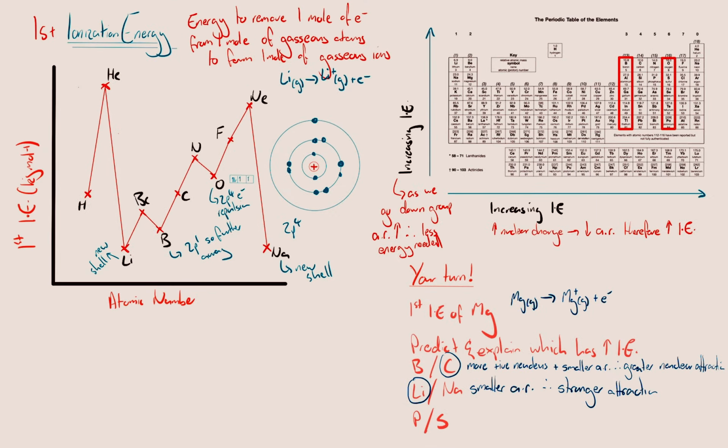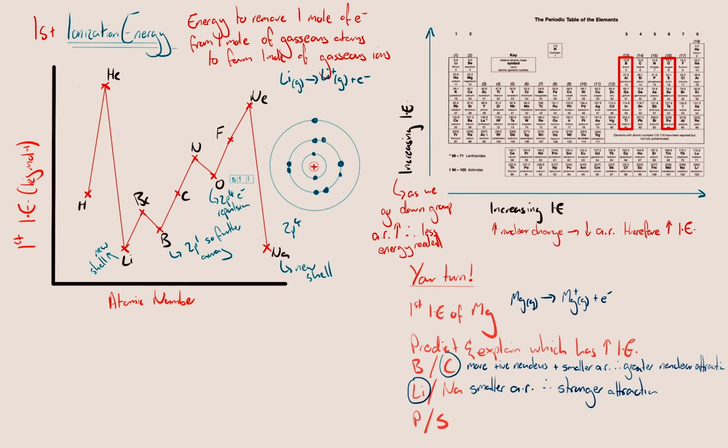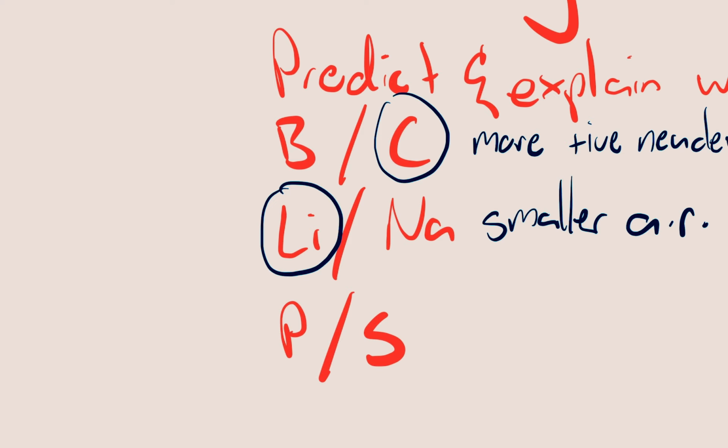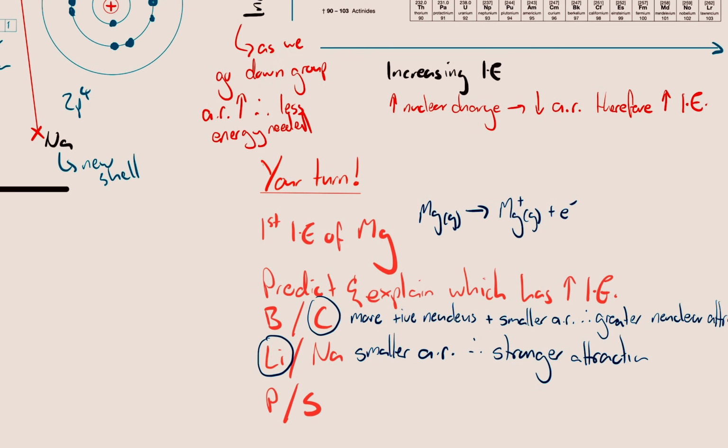And the last one is P and S. This is one of our exceptions. So here, remember P and S is going to be P. And there we're going to talk about our electron configurations.